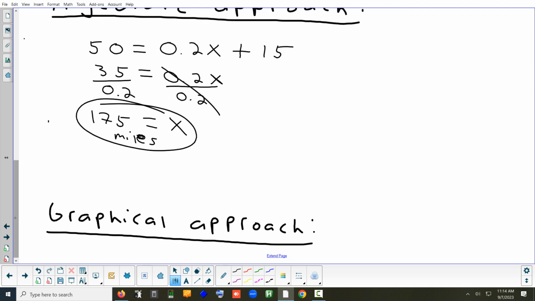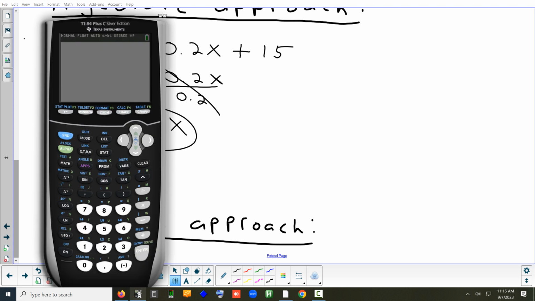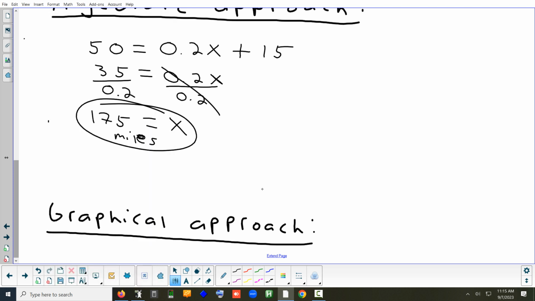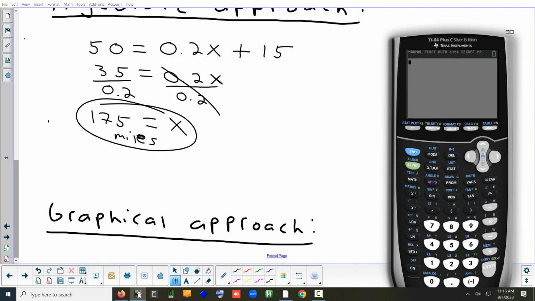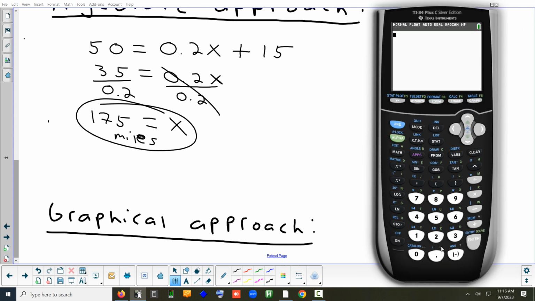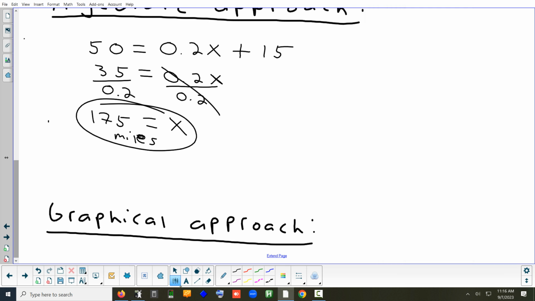Now, let's look at a little bit different way that we can do it. Okay, I'm going to go back. All right. So how are we going to do this? Well, we're going to go back to what we had at this step.